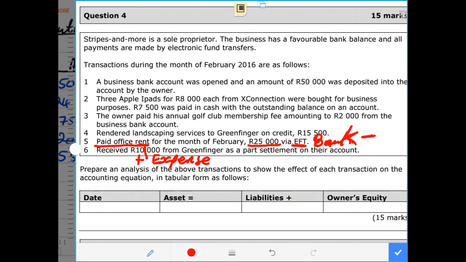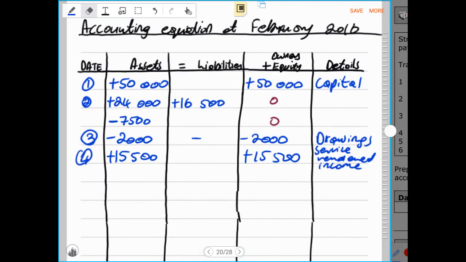Why bank will decrease is because money is going out of the bank account of the business because of the rent expense that the company has paid for the month of February. So now we have to say 25,000 is decreasing our assets, which is our bank.